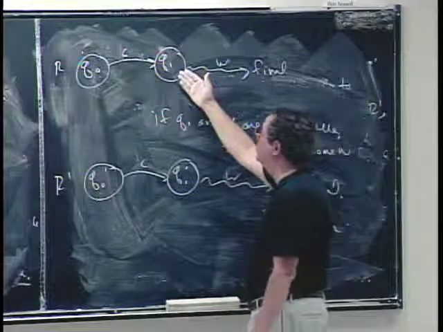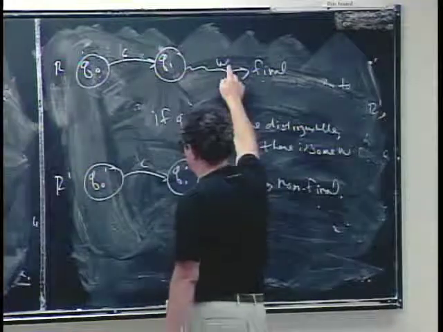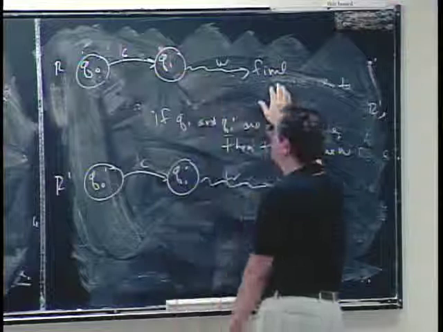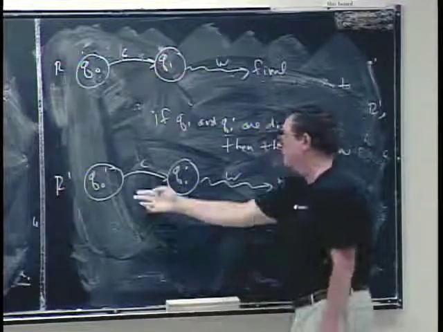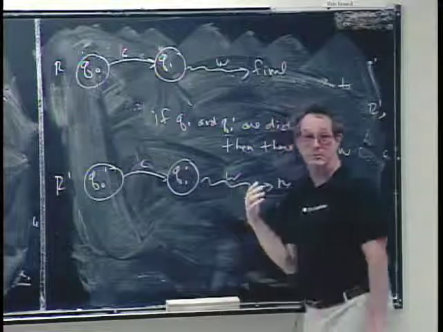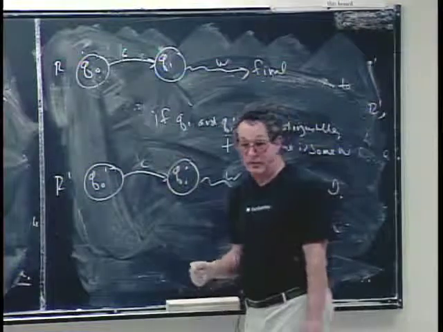But if that was true, then take the string CW. Starting from Q0, this would go to a final on CW. But starting from Q0 prime on CW, it would go to a non-final. That would mean that Q0 and Q0 prime were distinguishable.